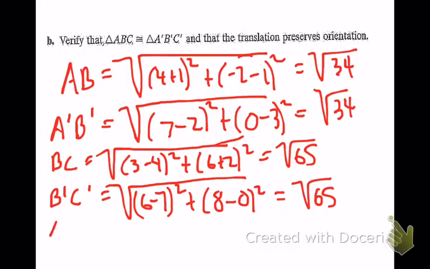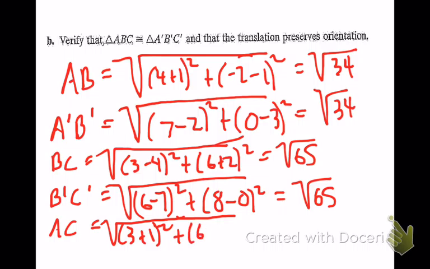When we do AC, AC is equal to the square root of 3 plus 1 squared plus 6 minus 1 squared, which is equal to radical 41.